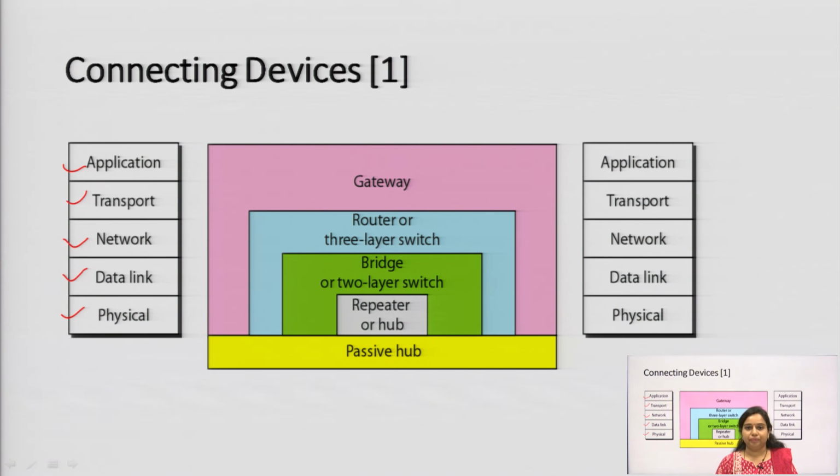It consists of 7 layers, that is physical layer, data link layer, network layer, then transport layer, session, presentation, followed by the application layer. So, there are basically 7 layers associated with the OSI model, but when we talk about another type of architecture, that is also a layered architecture, known as the TCP/IP model, that is Transmission Control Protocol or Internet Protocol, it consists of 5 layers.